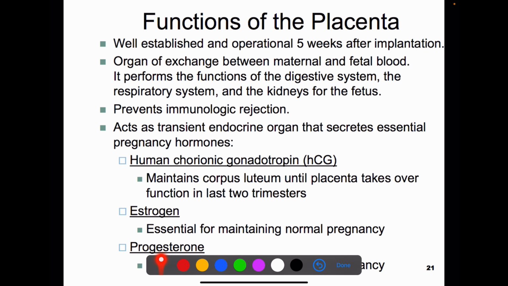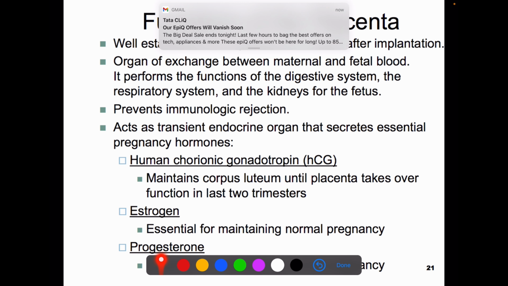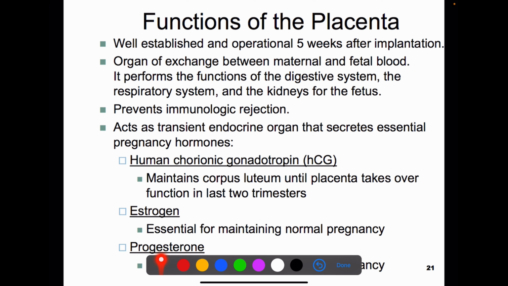It acts as a transient endocrine organ that secretes essential hormones, that is, human chorionic gonadotropin, HCG. This HCG is important to maintain the corpus luteum. Now you know the corpus luteum: in the case of menstruation, it remains hardly for 14 days and then it degenerates, but in pregnancy it remains longer, till the placenta takes over the function of the corpus luteum.